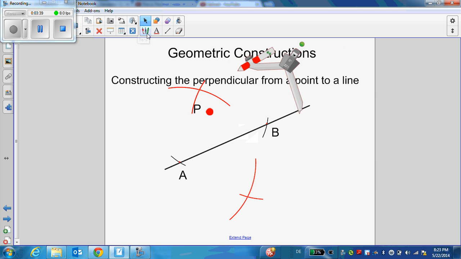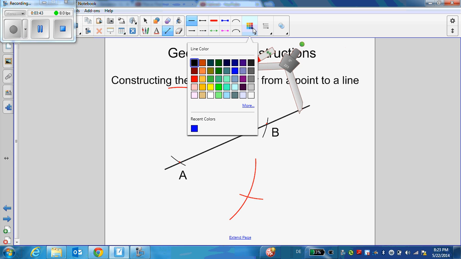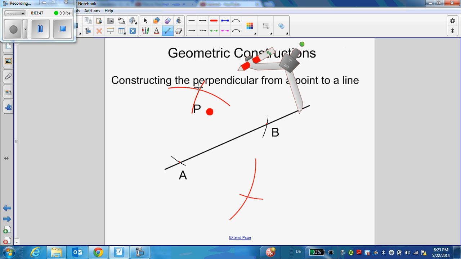Last step to make our perpendicular line, which again means the shortest distance from a point to the line, pretty color. We connect these two. And of course, I'm using a giant dot on a computer, so maybe it doesn't look directly in the middle, but when you do it on your paper, it will look right.